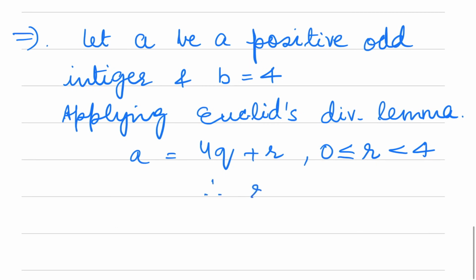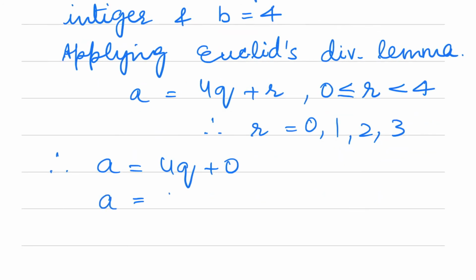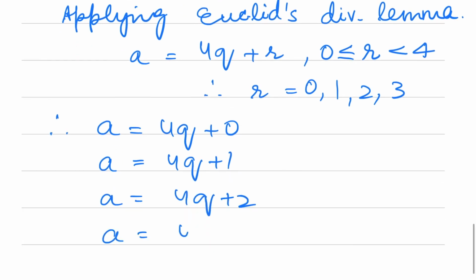Therefore, r is equal to 0 or 1 or 2 or 3. Therefore, a is equal to 4q plus 0, or a is equal to 4q plus 1, a is equal to 4q plus 2, or a is equal to 4q plus 3.